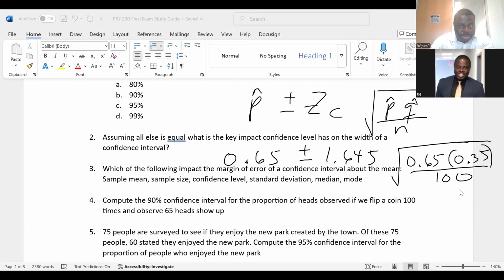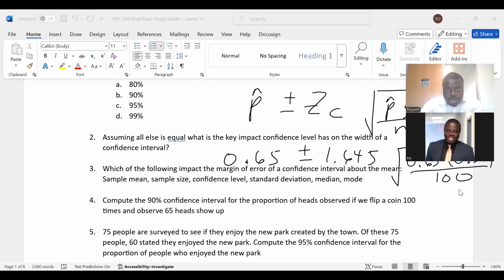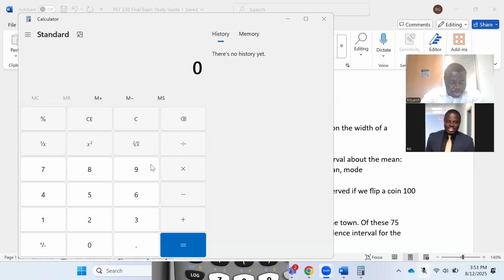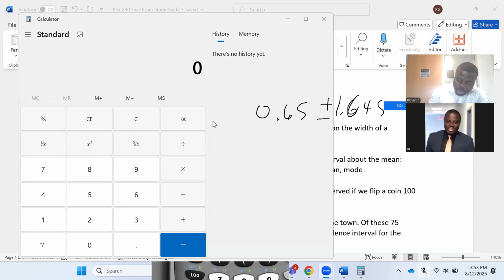Okay, so let's see if this is going to show up. Okay, there we go. So I have 0.65 plus or minus 1.645 times the square root of 0.65 times 0.35 over 100.